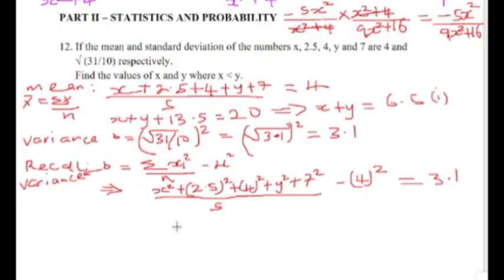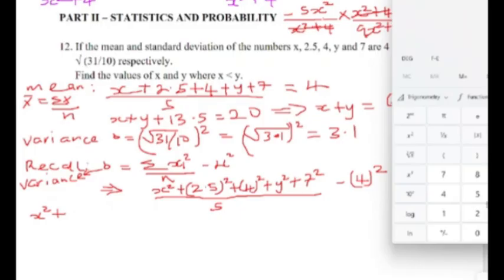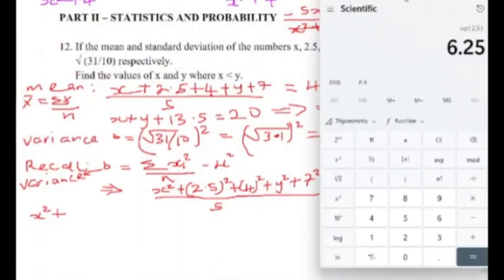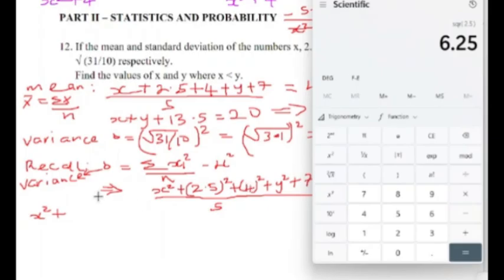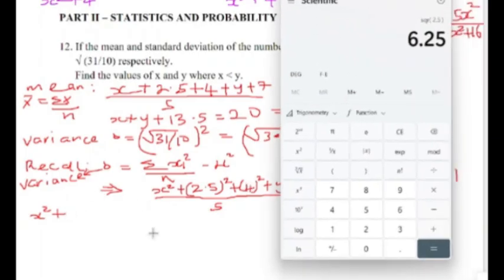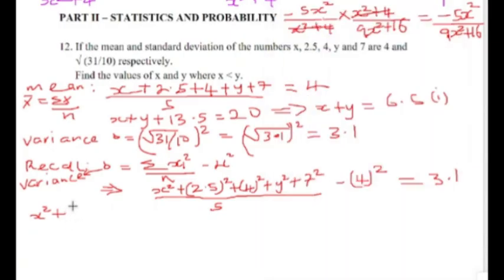Okay, so let's bring this up. We have x squared, 2.5 squared, that gives us 6.25.